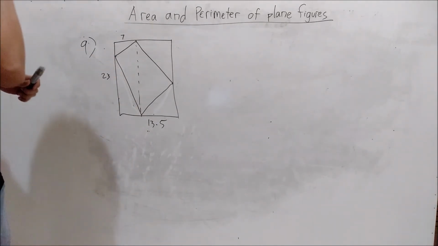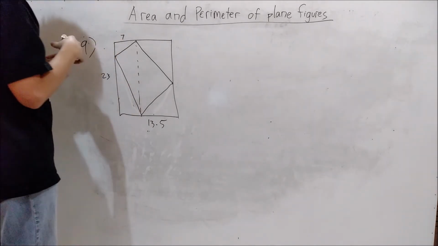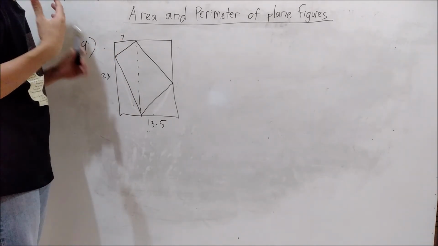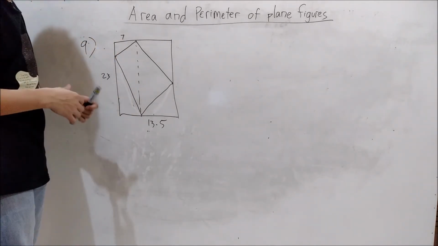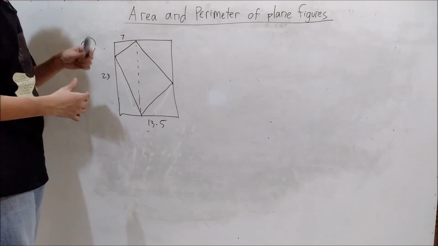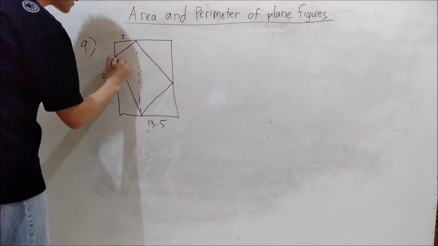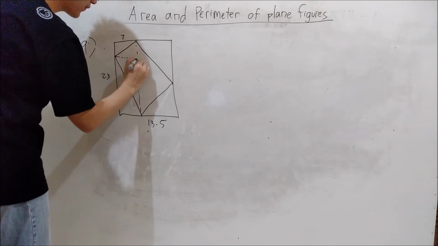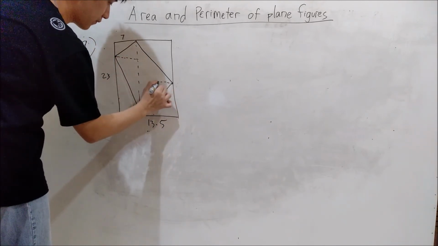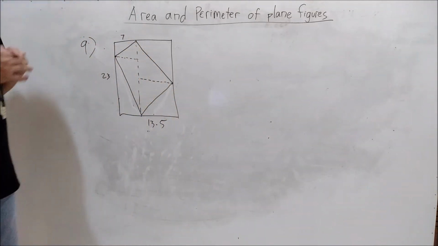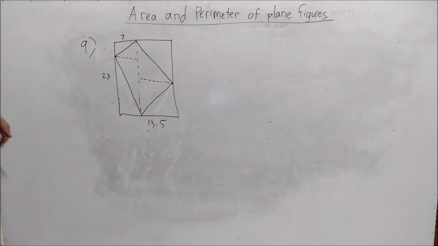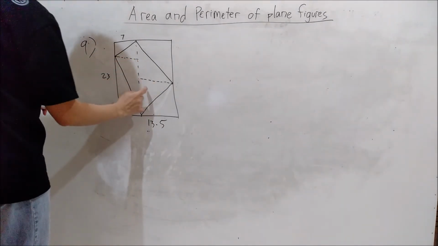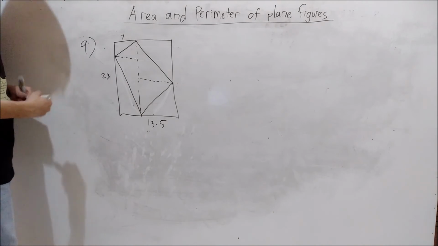So this is what I'm going to do. If you understand the basic formula of a triangle, you know that a triangle is only half of the rectangle. So let's say that I cut it this way and I cut it this way. You will see that I actually have 1, 2, 3, 4 triangles here.